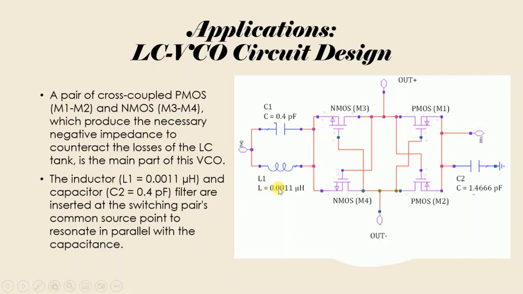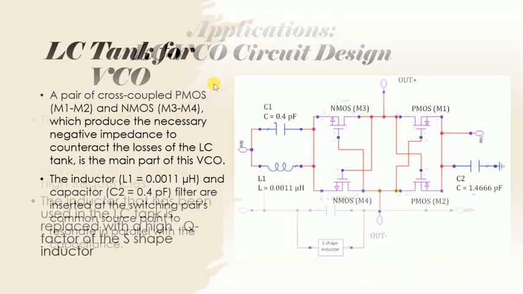We have L1 as 0.0011 microhenry and capacitance as 0.4. Filters are inserted at the switching pairs at the common source point to resonate in parallel with the capacitance. So this is the noise filter that we are using in order to lower the phase noise of this VCO.